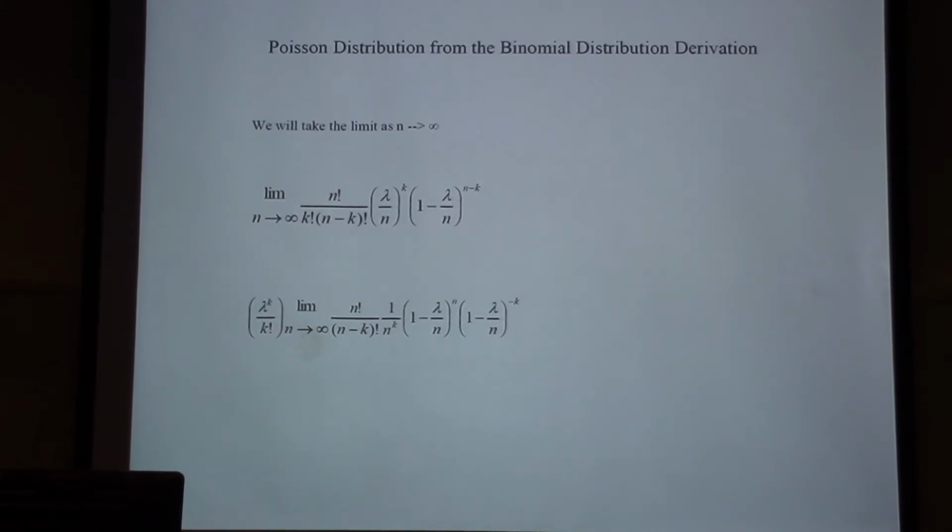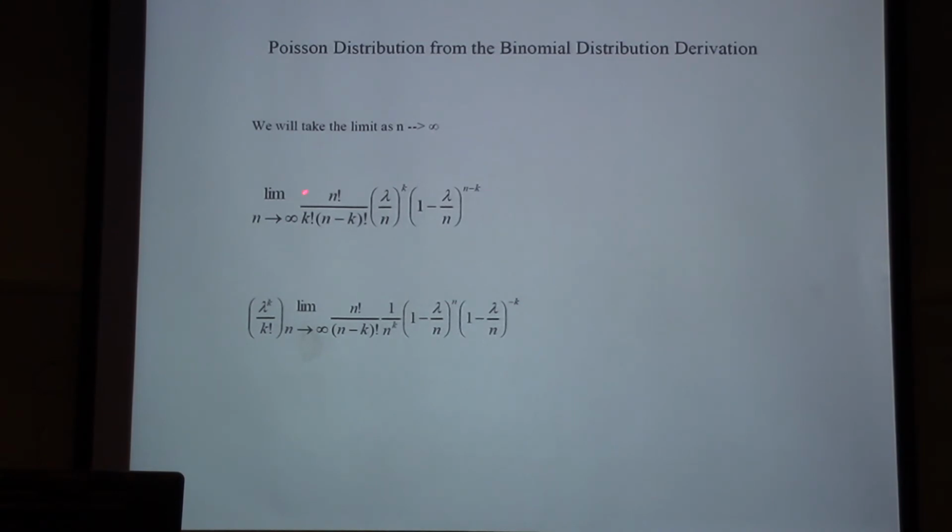As n goes to infinity, our hashing table is getting bigger and bigger without bound. If this limit comes to a closed form, we will get the continuous approximation of the discrete binomial distribution.